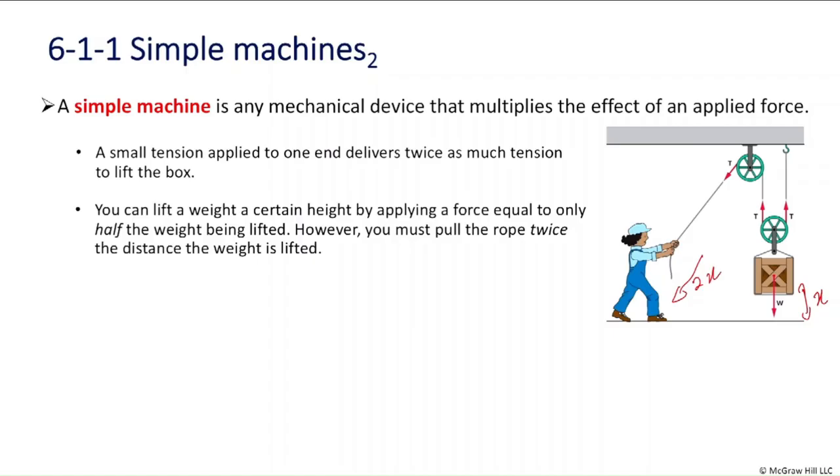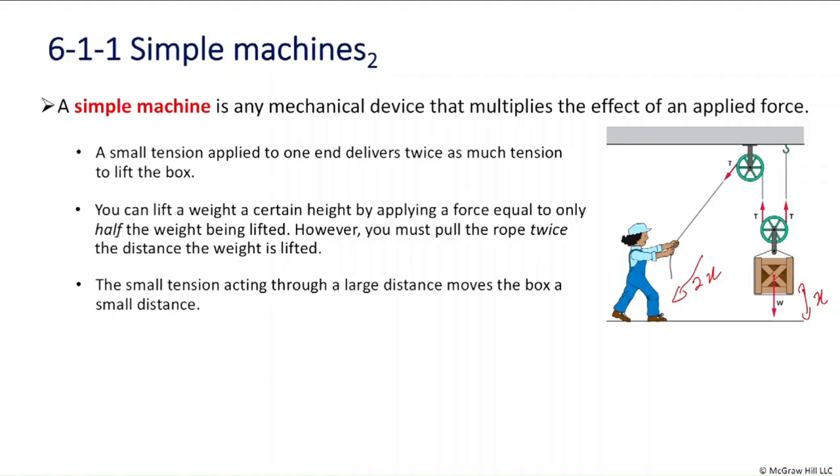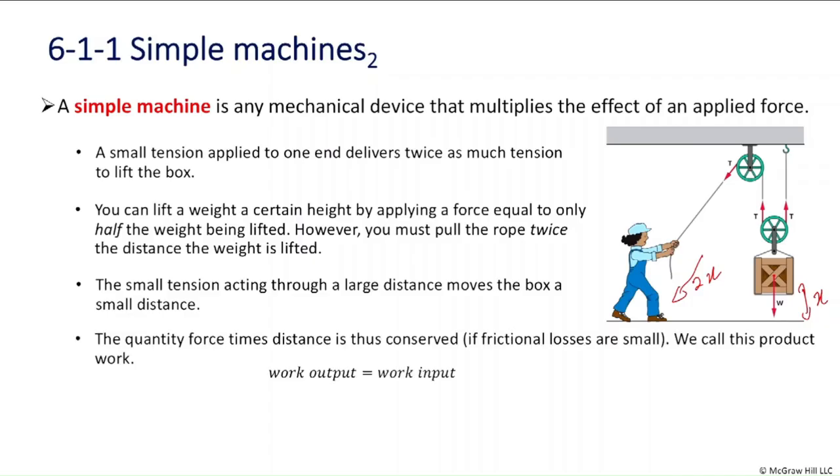So just like with the lever, the idea is a smaller force applied over a larger distance gives a larger force over a smaller distance. And notice something important here. If you multiply the force by distance, it's the same on both sides. This is the concept of work. Work input is equal to work output.